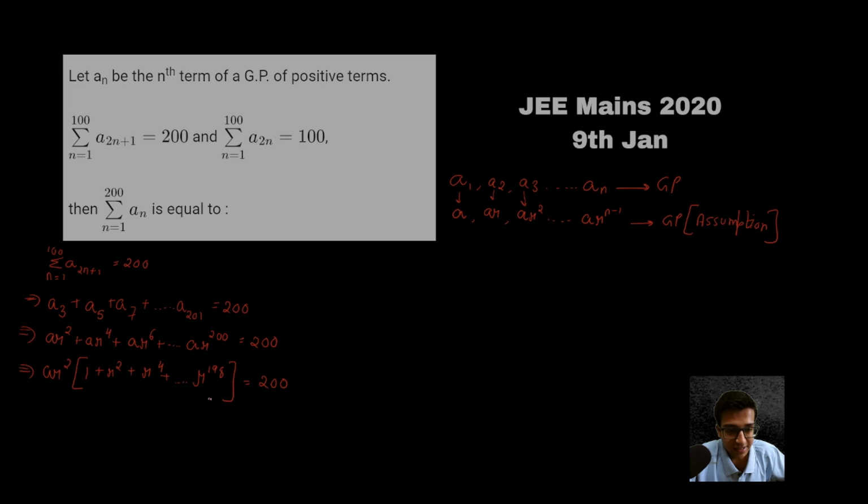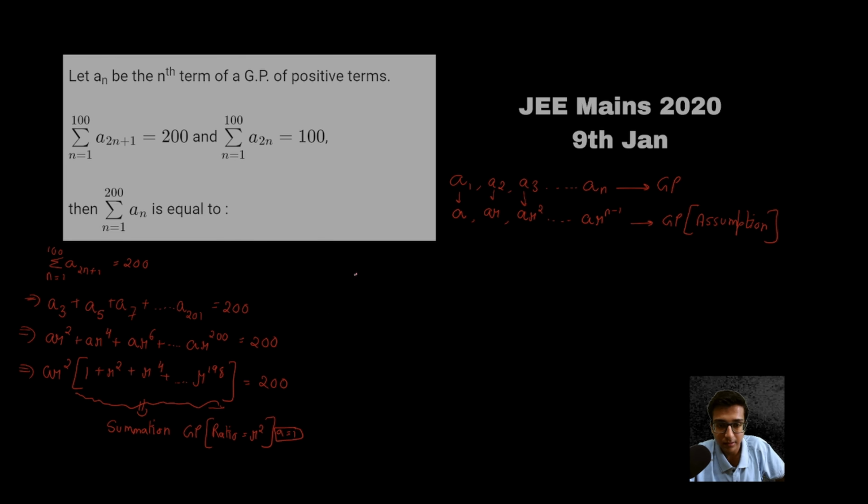Now from here we can see that this value here is another summation series, that too of a GP, and the common ratio here is R square, and the first term here is 1. We are talking about only this series here.